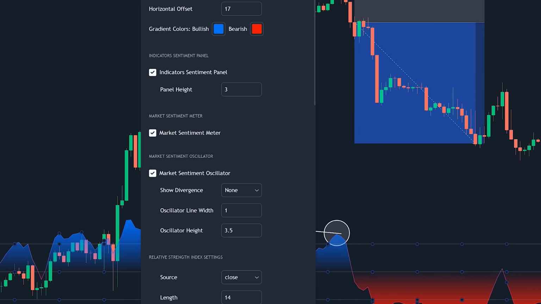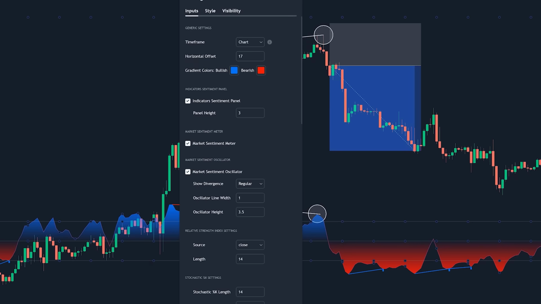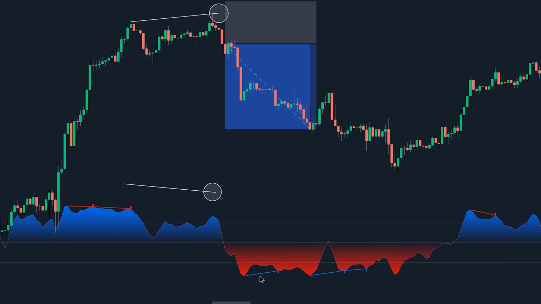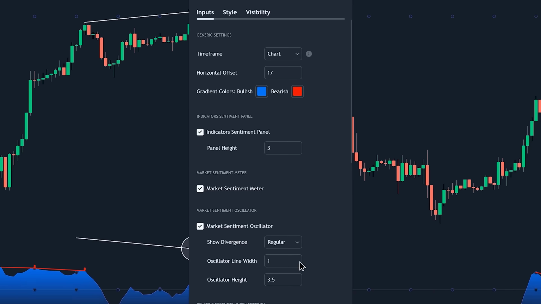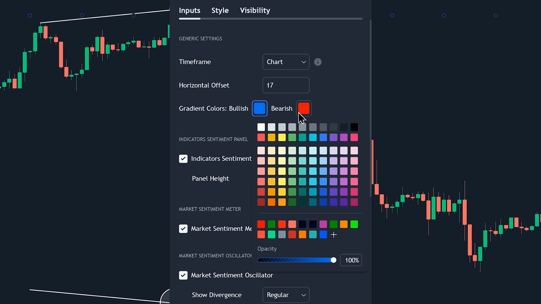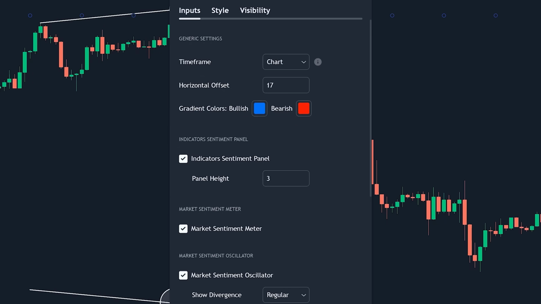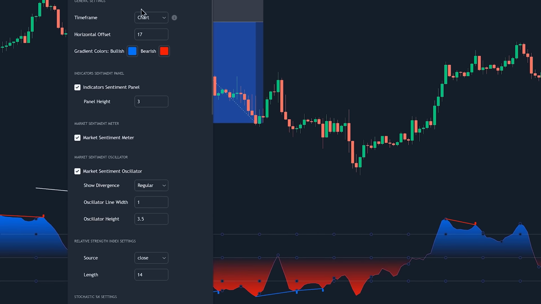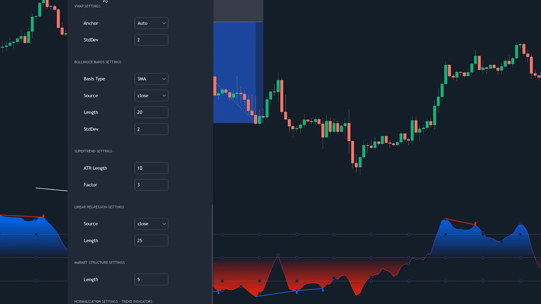You can choose regular, hidden, or all divergences based on your trading strategy. This indicator is going to display the divergences on your chart. You can also adjust settings like the time frame for sentiment calculation, smoothing periods for the oscillator, and even the colors used in the gradient displays. This allows you to tailor this indicator to your specific trading style and preferences.